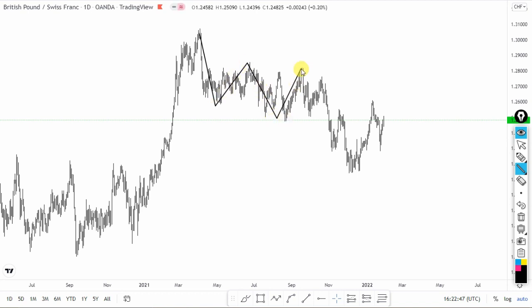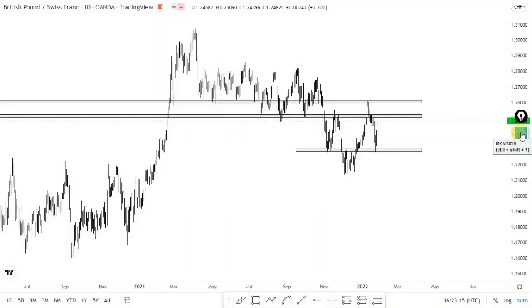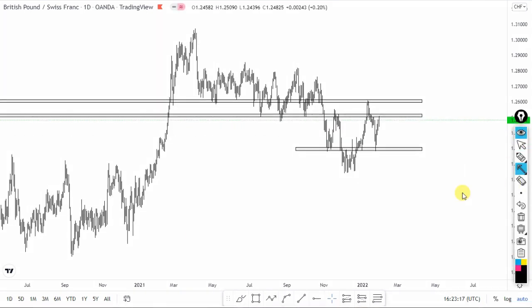Current trend is in down direction. Let's see our upcoming opportunity. Market is near to its major resistance zone.